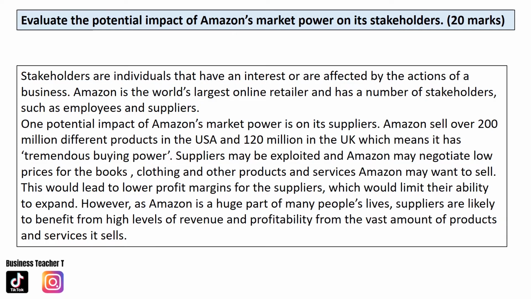Suppliers may be exploited, and Amazon may negotiate low prices for the books, clothing, and other products and services Amazon want to sell. This would lead to lower profit margins for the suppliers, which would limit their ability to expand. However, as Amazon is a huge part of many people's lives, suppliers are likely to benefit from high levels of revenue and profitability from the vast amount of products and services it sells.